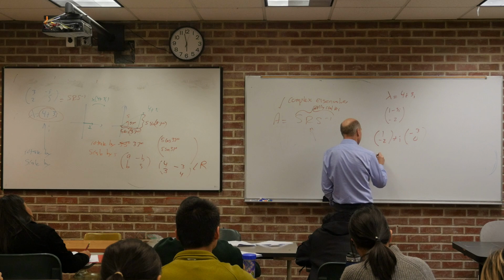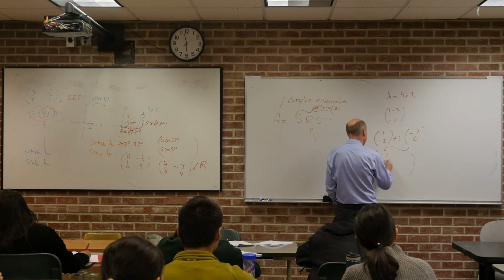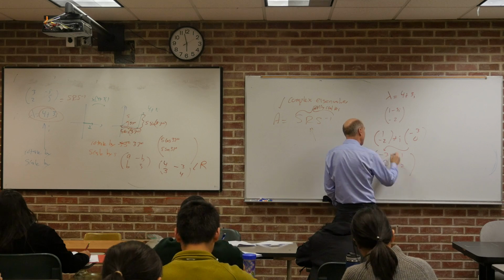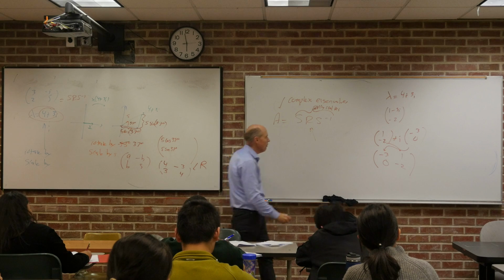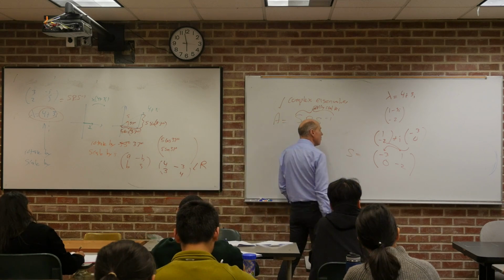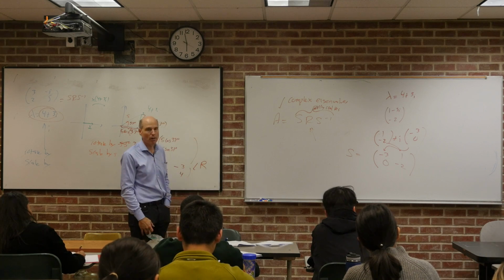And then, again, it's just kind of weird the way it works out. The first column of S is the imaginary part, and the second column of S is the real part.